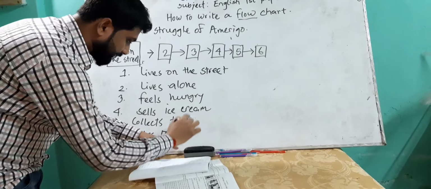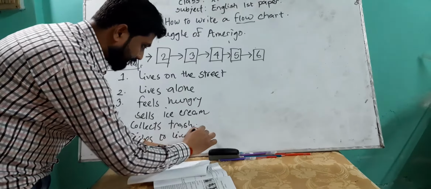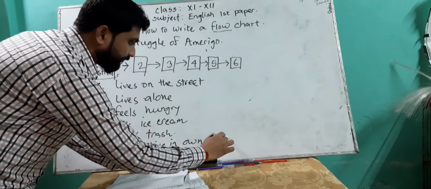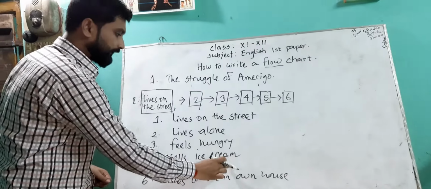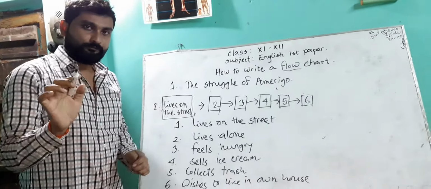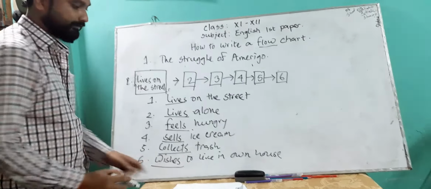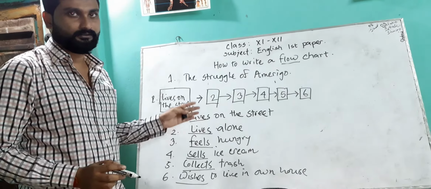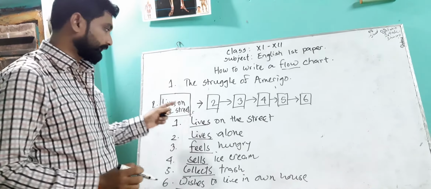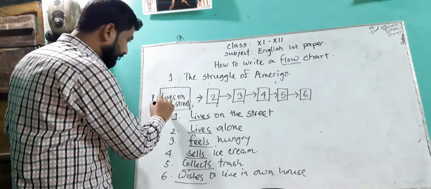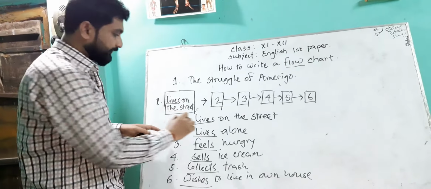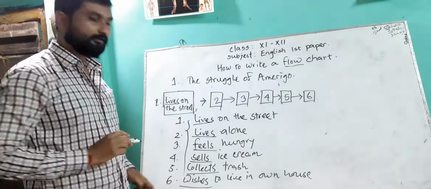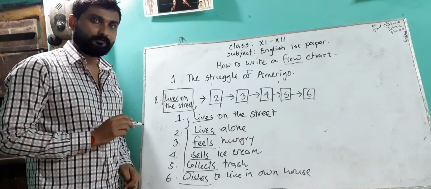To live in own house. You just follow: lives, feels, sells, collects, wishes. Here different forms of verbs are used. I just use different forms of verbs, and I write all of them in different forms of verbs.